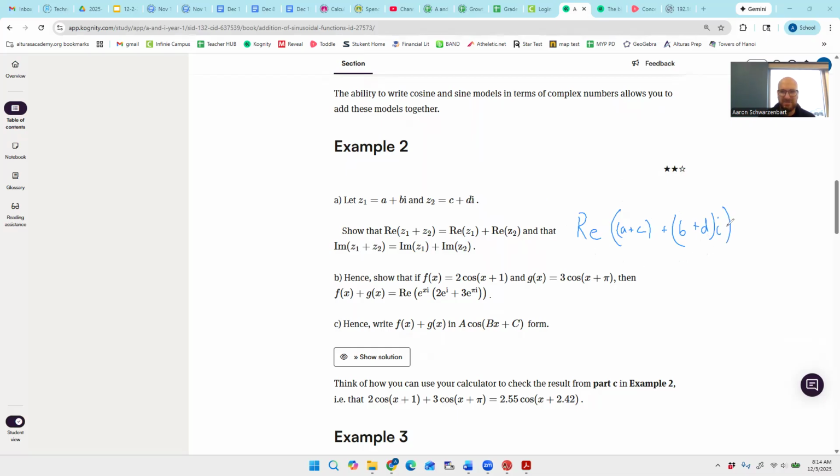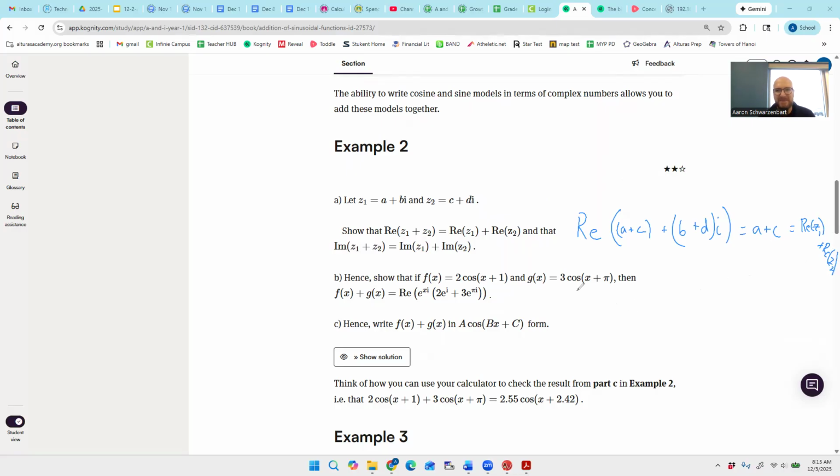That's my addition. The real part is just a plus c, right? Which does equal real z1, which is also a plus real z2.